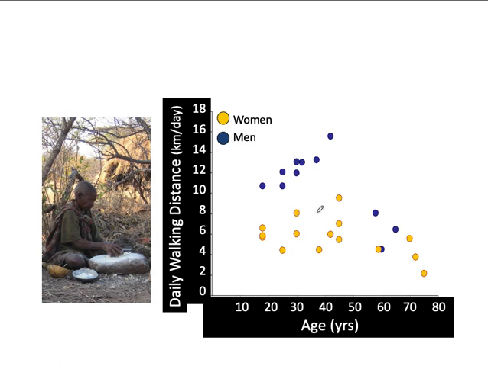But even through aging into the 50s, 60s, 70s, and 80s, individuals are still walking multiple kilometers per day. And so physical activity and calorie restriction are probably the things that contribute to living to be an old individual.